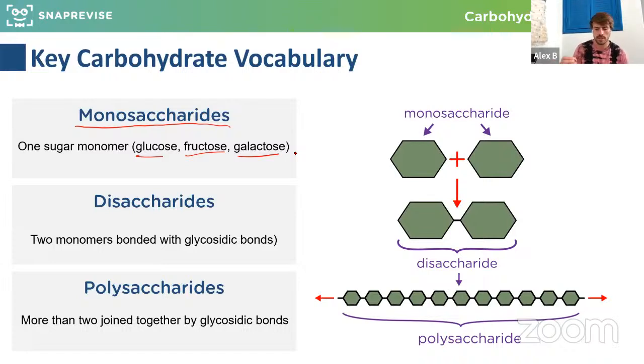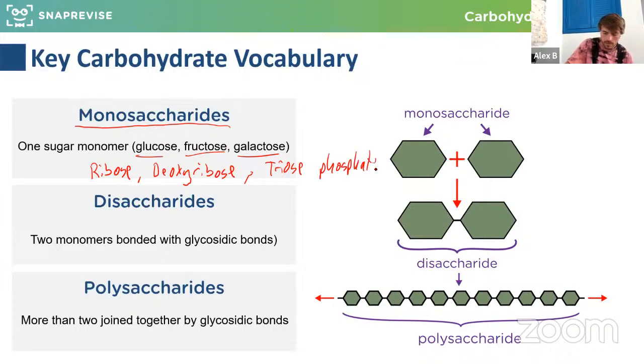There are also other ones that come up throughout the course of the A level, for example, ribose, deoxyribose, triose phosphate, pyruvate, GP, RuBP actually is also one.